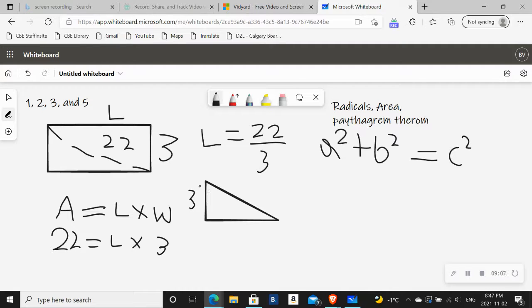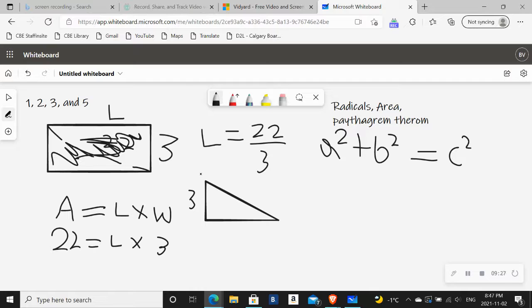And now we can't necessarily take area, like for example right here. We can't do that because that makes no sense, since it's talking about the whole entirety of the rectangle.